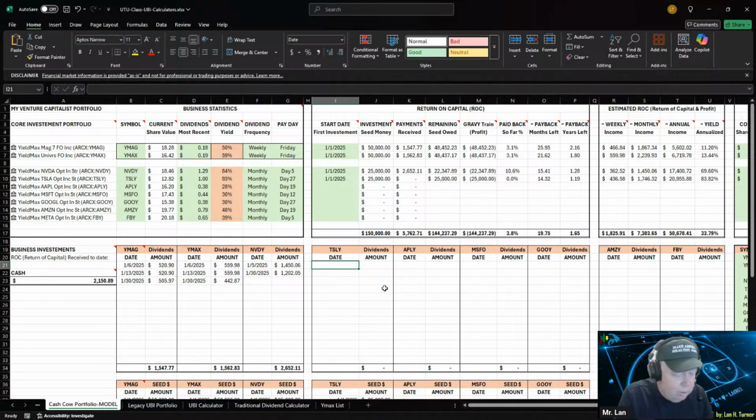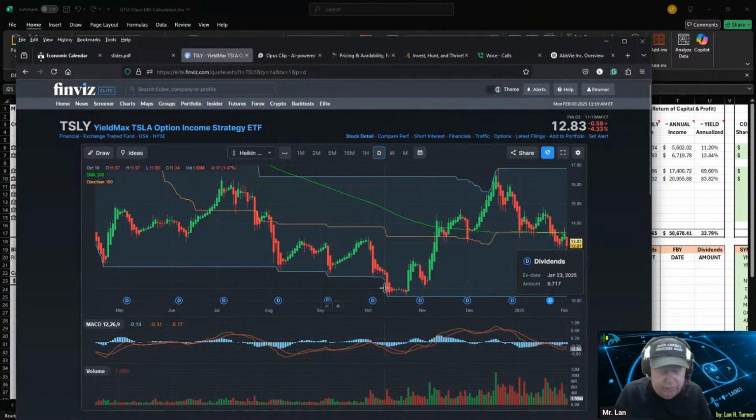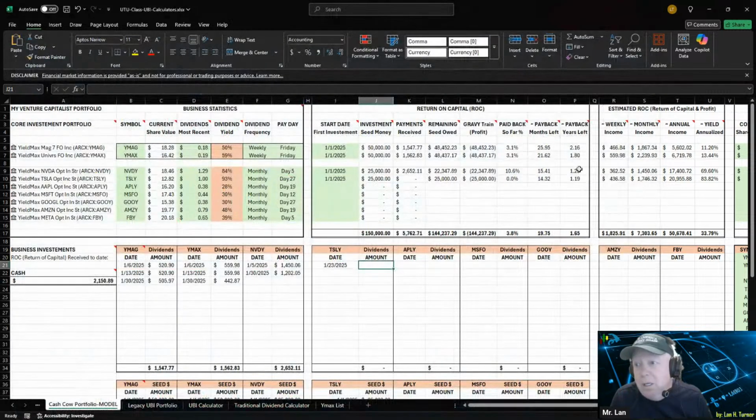January 23rd, 01/23/2025. We got how much? Let's go look again. We got 71 cents, 0.717 times how many shares do we have of Tesla? Tesla, all the way over to number of shares. Oh, where'd you go? Shares.